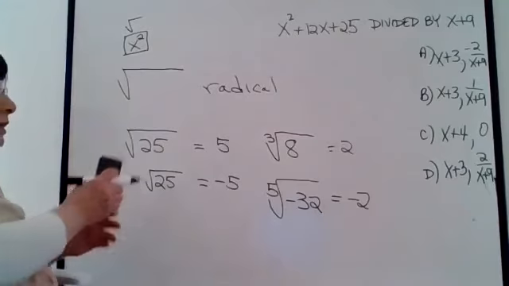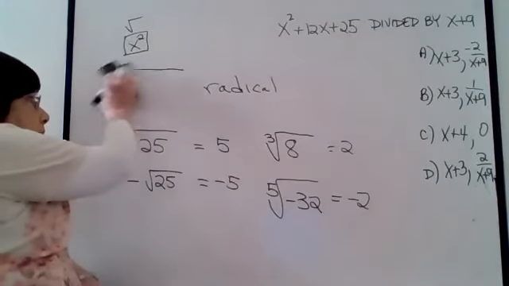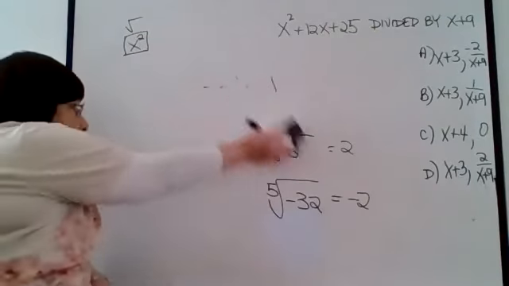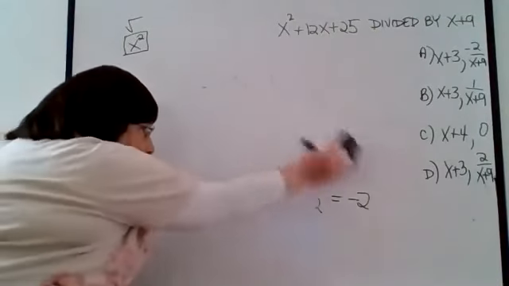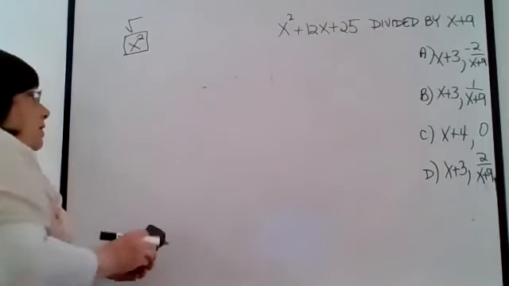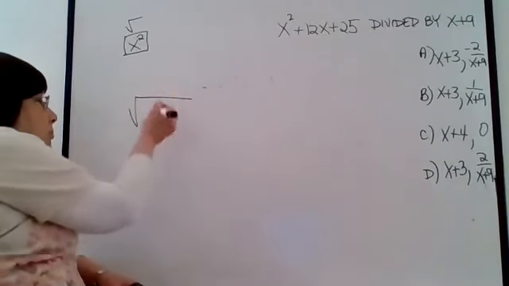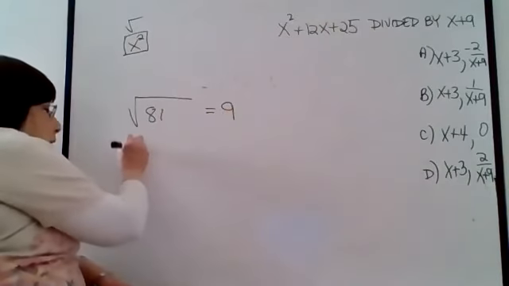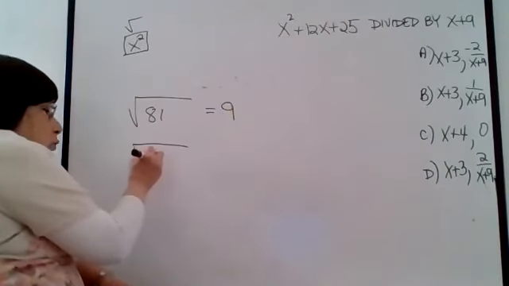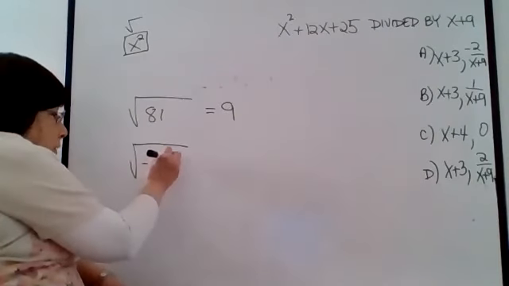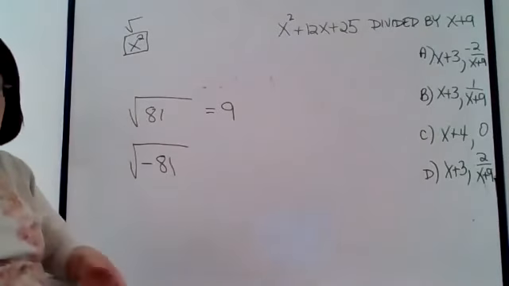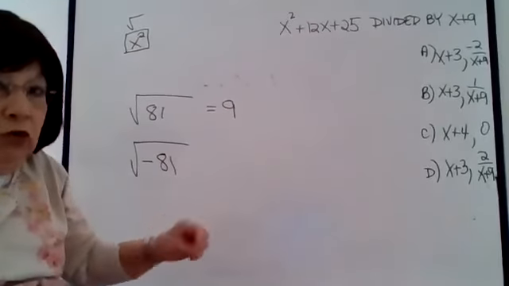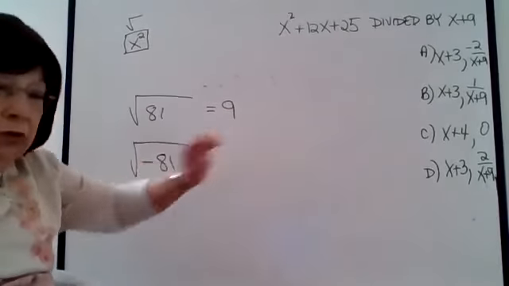What we will see when it comes to square roots is that even though you can do, let's say, the square root of 81 and we get 9, you cannot do the square root in rational numbers of negative 81. Notice when the index was 5 or 3, you could have a negative number inside your root.